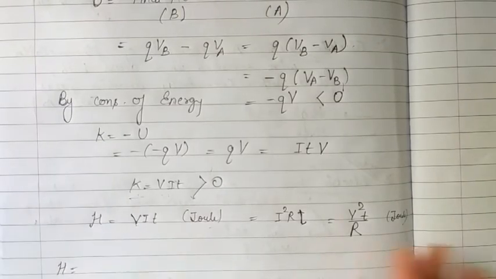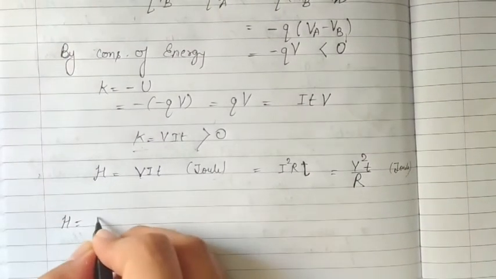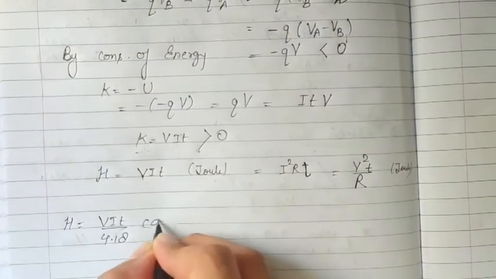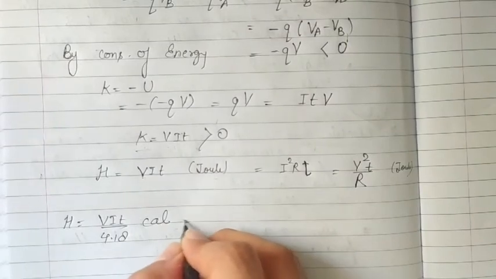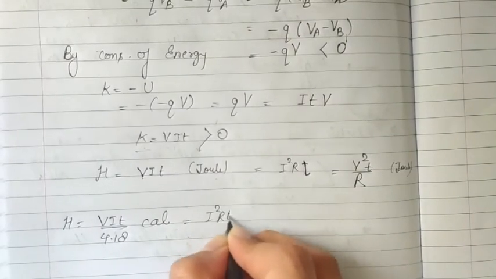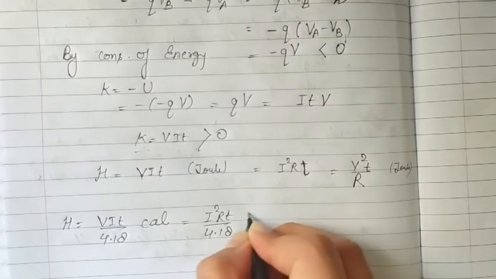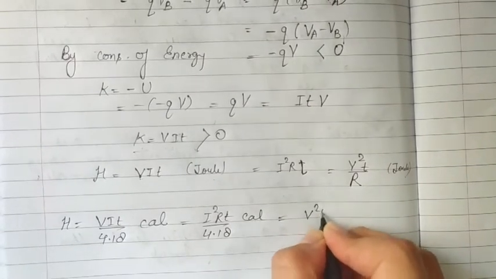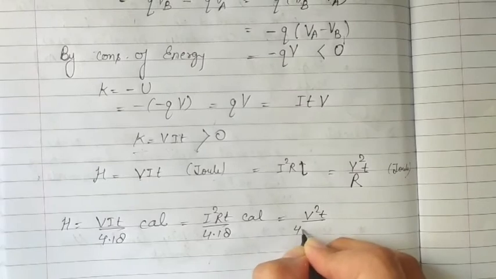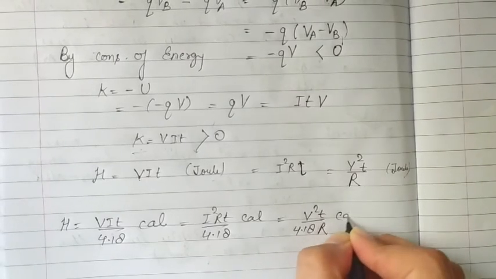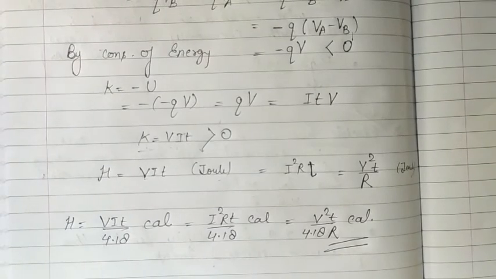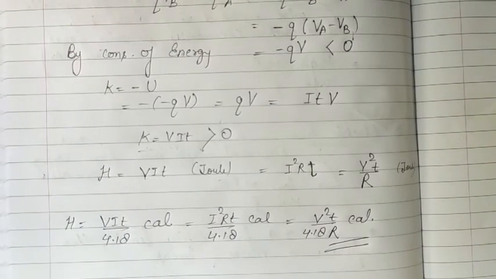So H is equal to VIt upon 4.18 calories, is equal to I square Rt upon 4.18 calories, is equal to V square t upon 4.18 R calories. So these are the values of heat dissipated in the conductor in time t.